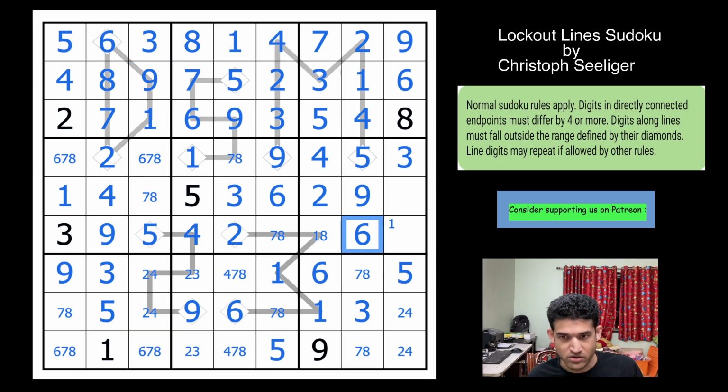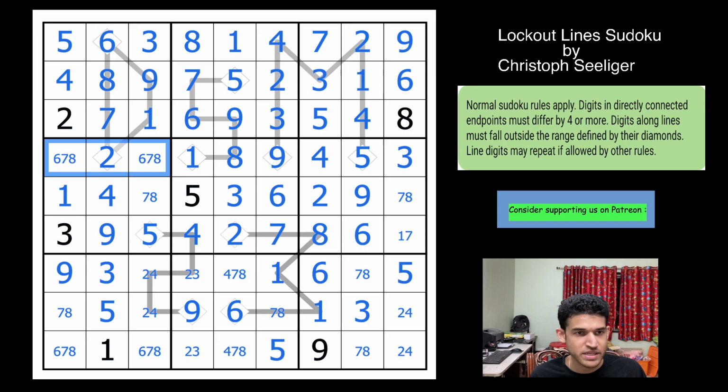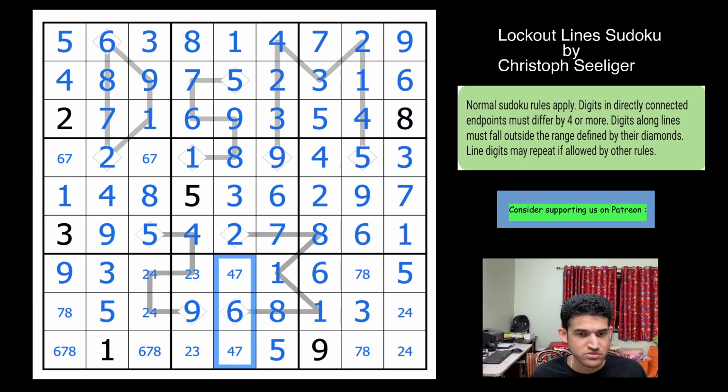This is a 1 or a 7 for the row, and this will be 7 or 8, and you have 8 here, so that's 8, 7, 8, 6, 7, so 8, 7, 1 and 8 looking down, 8, this is a 4, 7 pair, so that gives 7 in here.